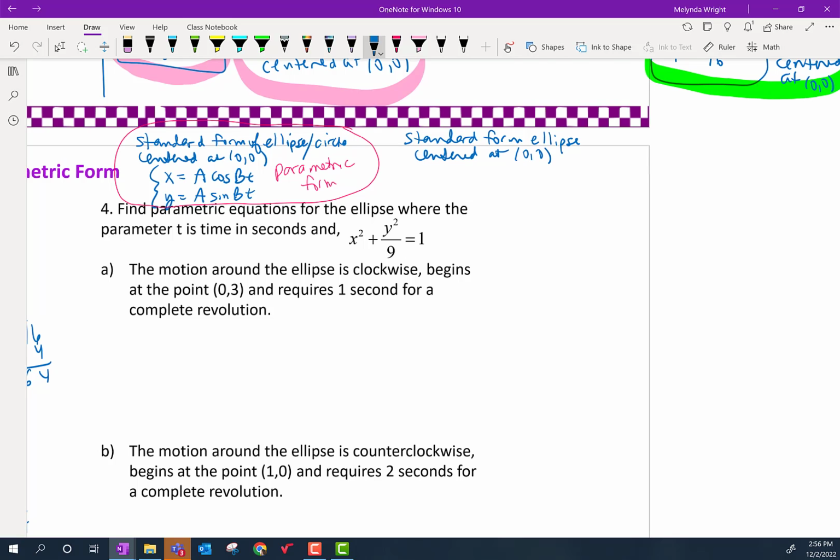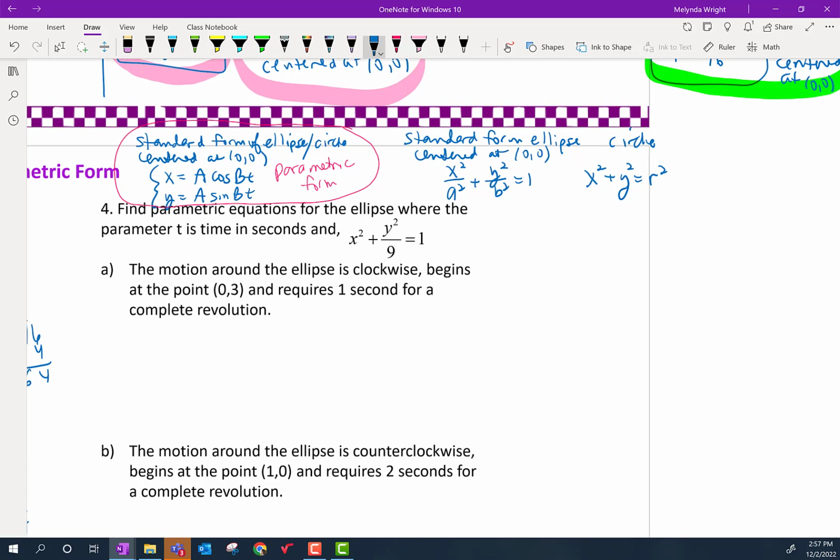And I can write for a circle too. And we'll write a circle right here. Okay, so for an ellipse, it's x squared over a squared plus y squared over b squared is 1. For a circle, it's x squared plus y squared equals r squared.